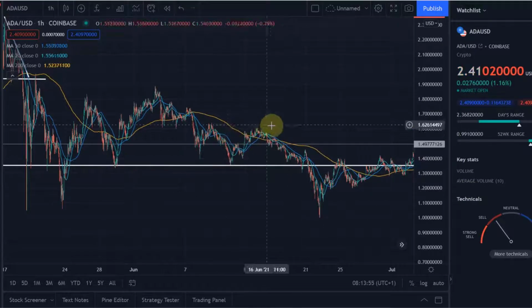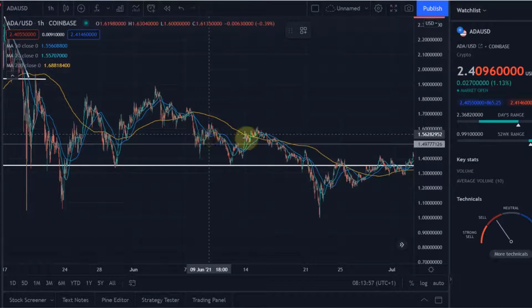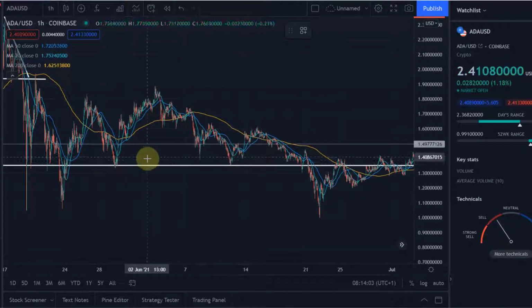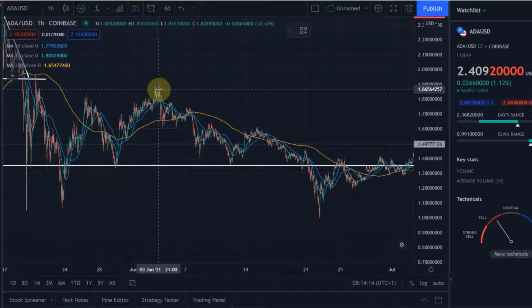We have another example here. So another support line here at 135, pretty much. You can see that here it was support, here it was support, here it was support. And what we can see, we had the same situation where the price was coming down from here.